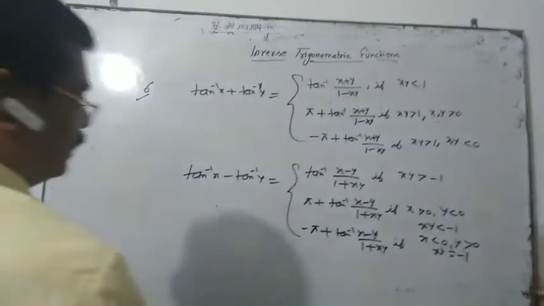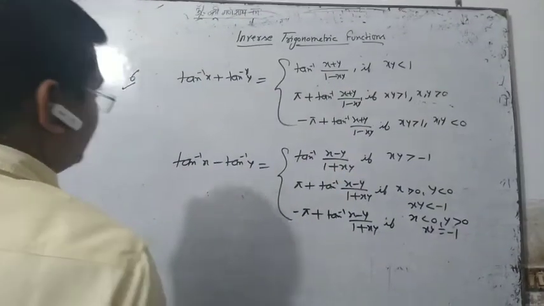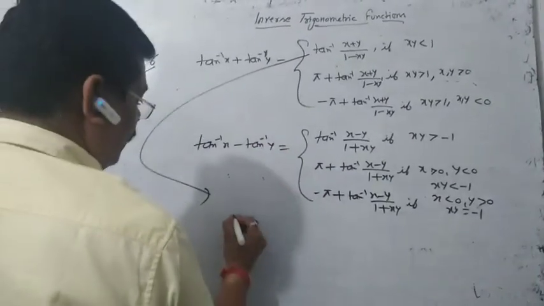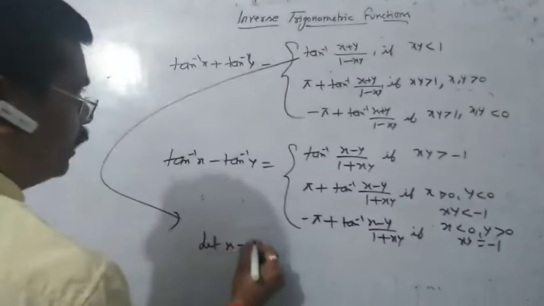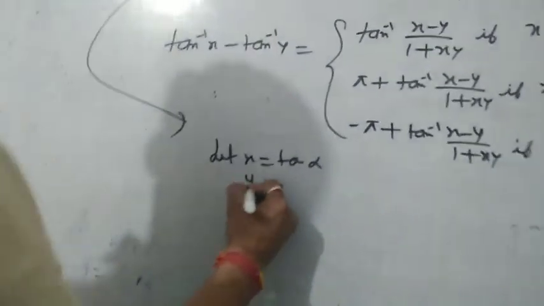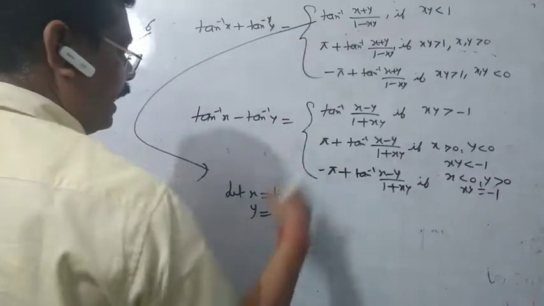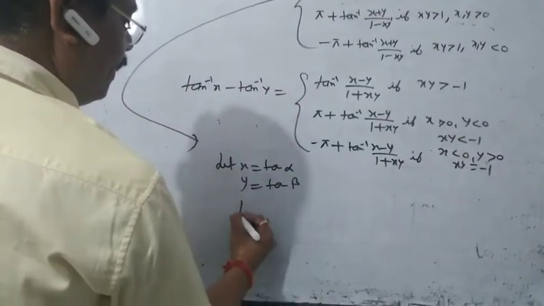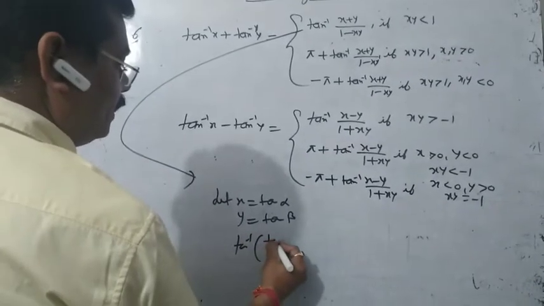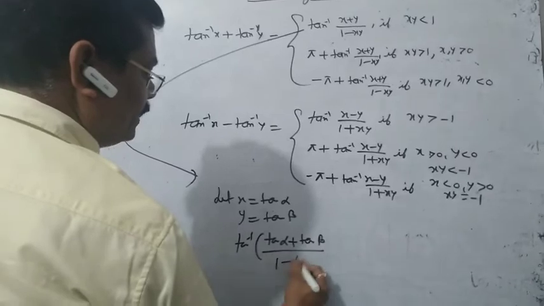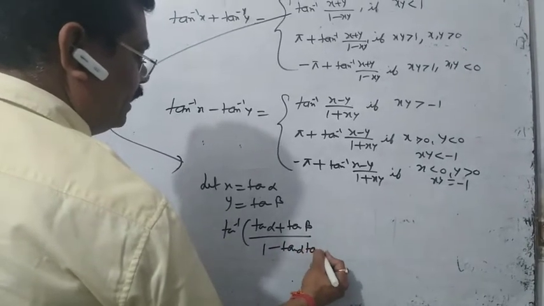So this formula is derived by using tan of (a plus b). You can prove this by letting x equal tan alpha, y equal tan beta, and putting the values of x and y in this equation: tan inverse of (tan alpha plus tan beta) upon (1 minus tan alpha tan beta).